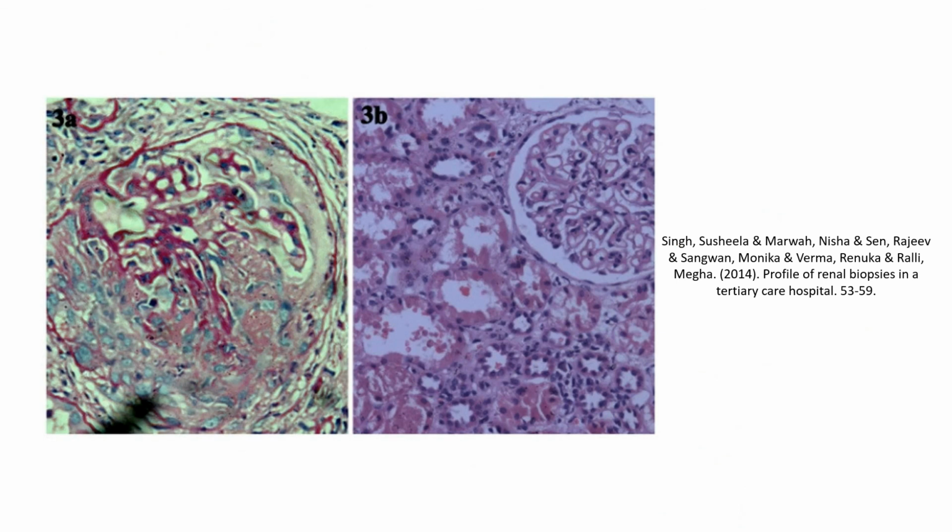Here's a picture. I want you to look at this, showing an H&E stain of kidney. When you look in here, you see these little circles, these thickened rings? This is wire looping of capillaries. These little circles that you see all the way through the kidney, that's called wire looping, okay? So that's something to keep in mind.